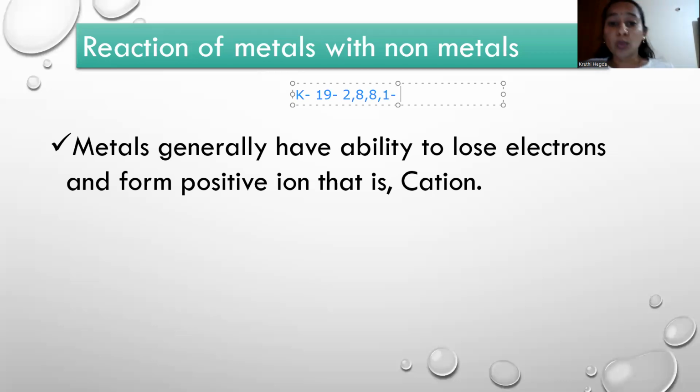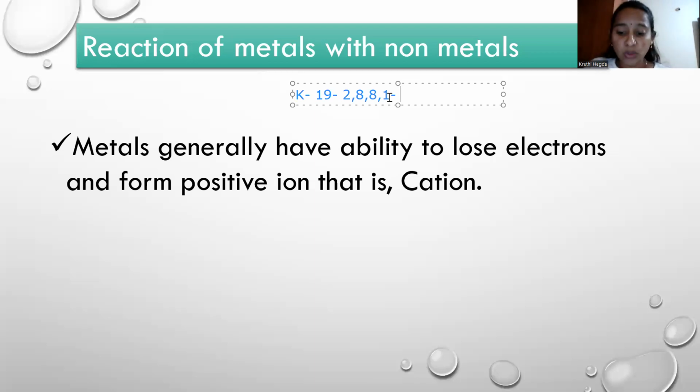The first shell is always the K shell, then comes L, M, N. In the outermost shell, that is the N shell, there is 1 electron. So this potassium wants to lose that 1 electron. Whenever an element loses an electron, it forms a positive ion, which is called a cation.